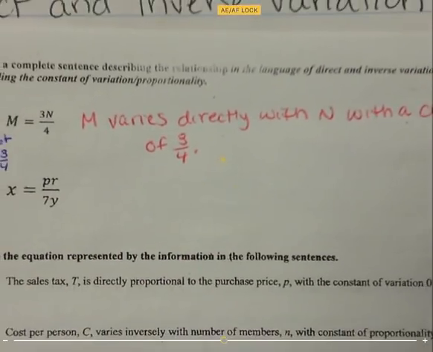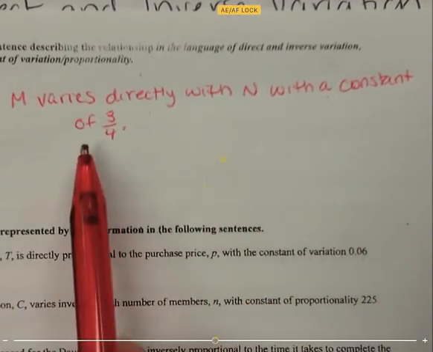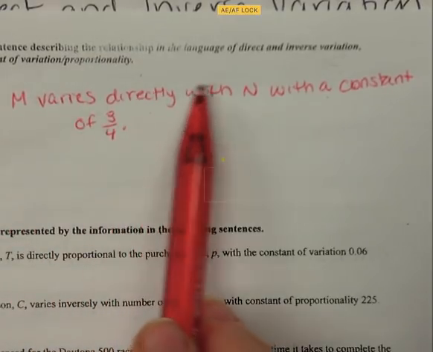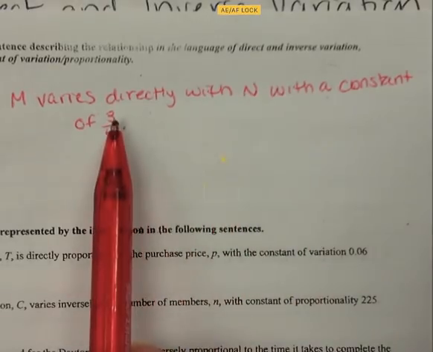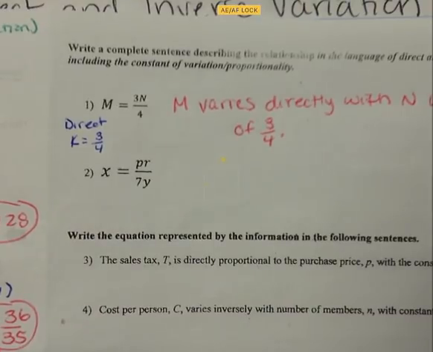So again, our sentence is m varies directly with n with a constant of 3/4. So m varies directly, so m equals k times n. And our constant is 3 over 4, so our k becomes a 3 over 4 with our n that's on the top with a 3.